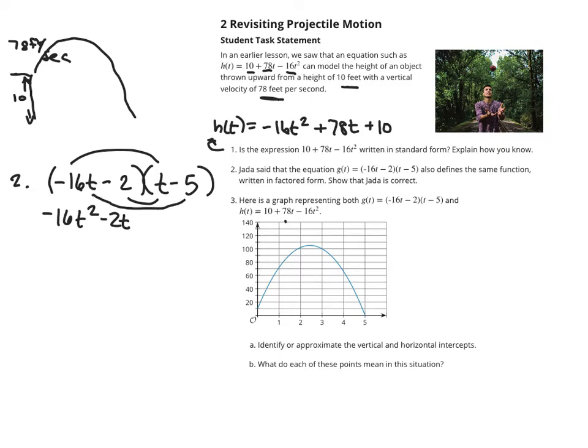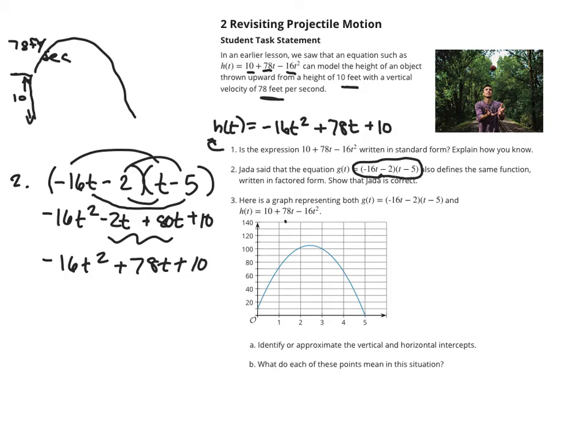I got negative 16 times negative 5, a negative times a negative, so that's a plus 80. And then last, plus 10. If I collect like terms in the middle, I get negative 16t squared plus 78t plus 10. So yes, that factored form is the same as the standard form. Those are equivalent.